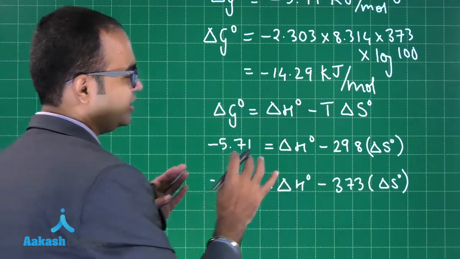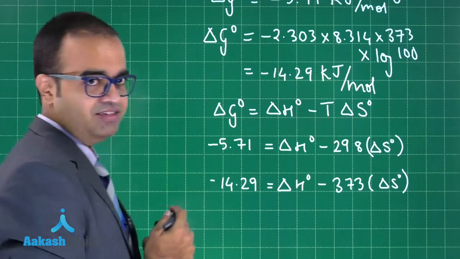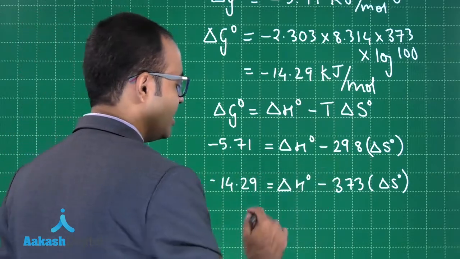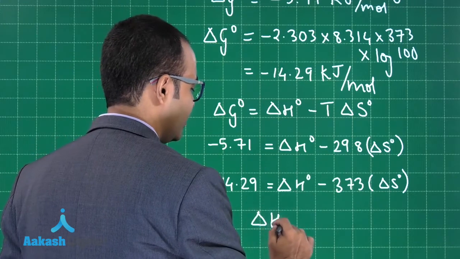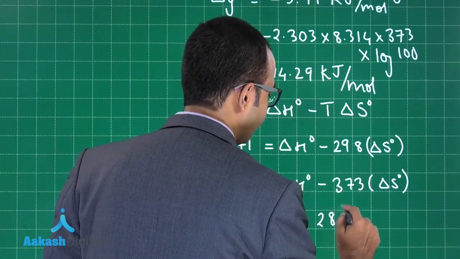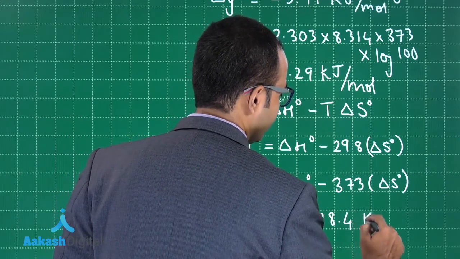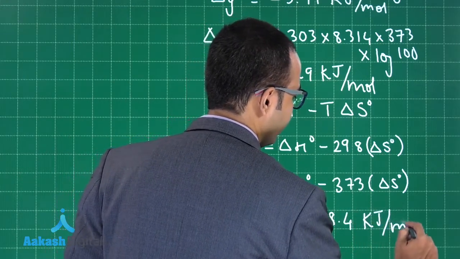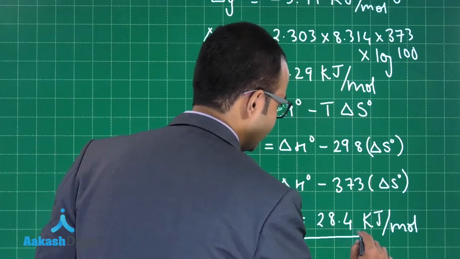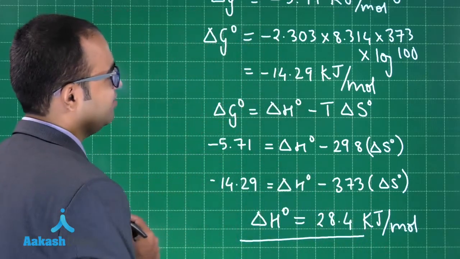Okay, so when I solve this, first I'll get the value of del S, and as I substitute the value of del S, I will get the value of del H naught as 28.4 kilojoules per mole, guys.